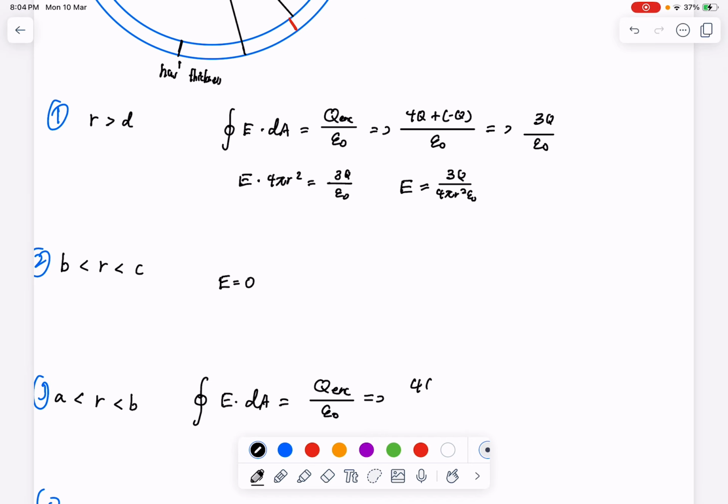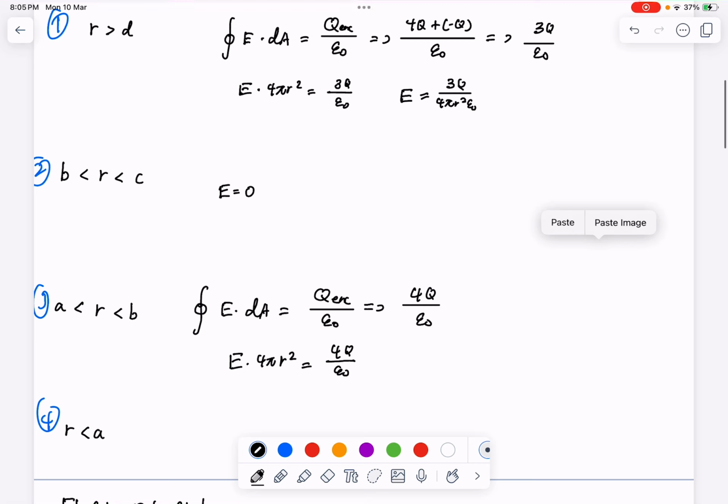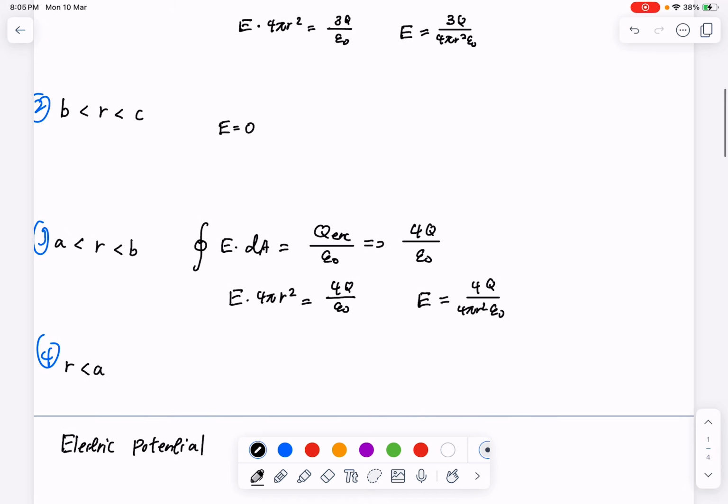That means it's 4q over epsilon naught, and this will give us E times 4 pi r squared equals 4q over epsilon naught, and thus E equals 4q over 4 pi r squared epsilon naught. I'm going to simplify just for the sake of things.